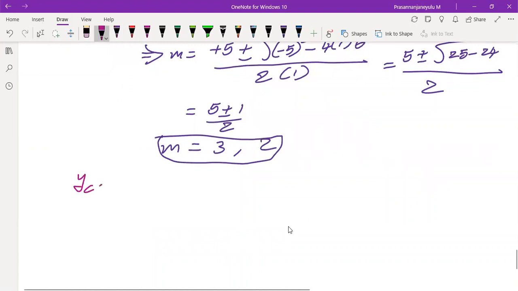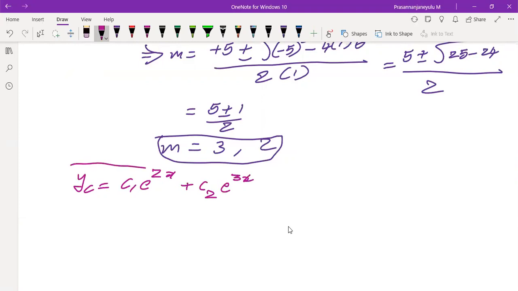So finding yc, what is the yc? c1 e power 2x plus c2 e power 3x. Sir, you have written 3, 2, but why are you writing 2 and 3? You can write in any order, no problem.